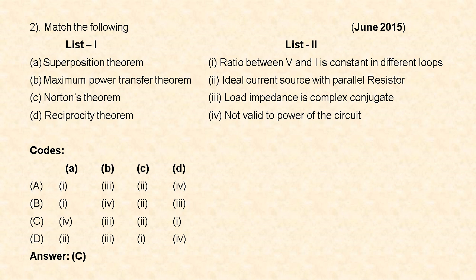We know that in Norton's theorem we are replacing the circuit by a single ideal current source with a single parallel resistor. And next one is reciprocity theorem. This theorem states that the ratio between voltage and current is constant in different loops. So option C is valid.